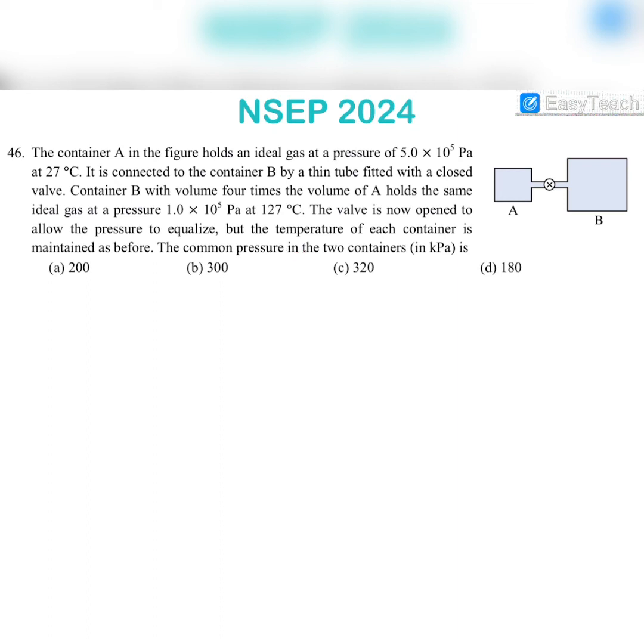First of all, let us see that the number of moles in the first container will be P1 V1 upon R T1, and the number of moles in the second container will be initially P2 V2 upon R T2.